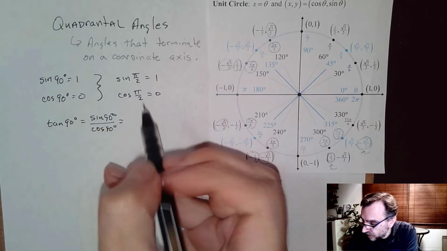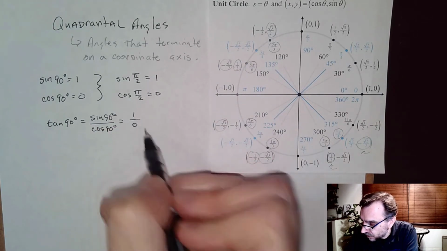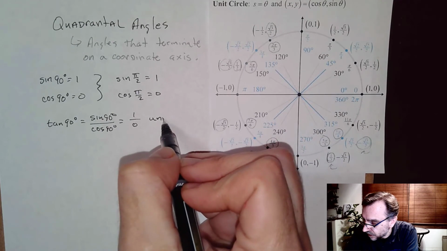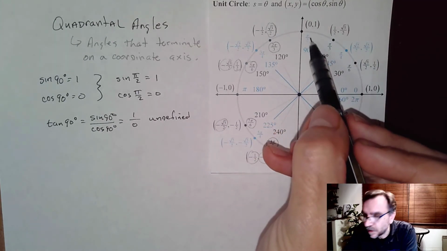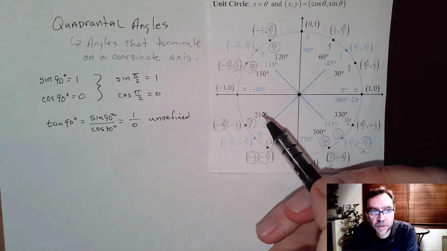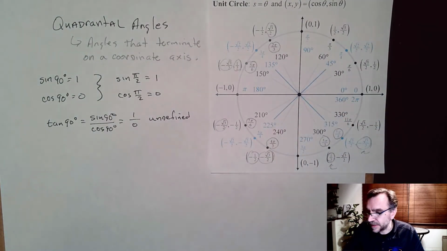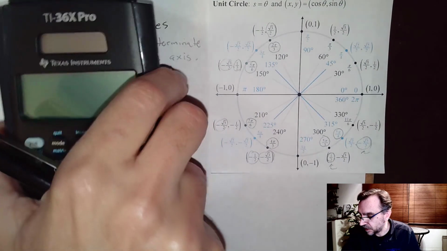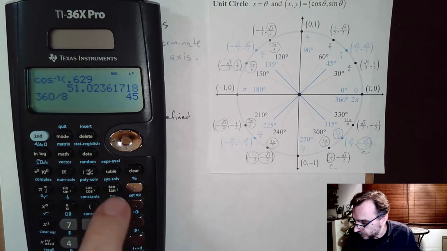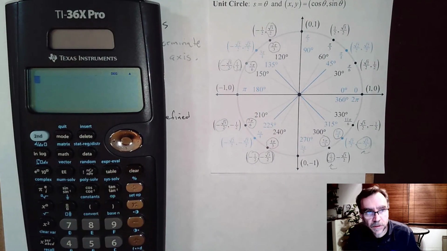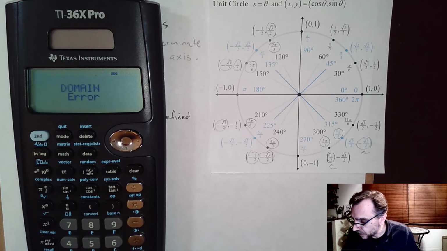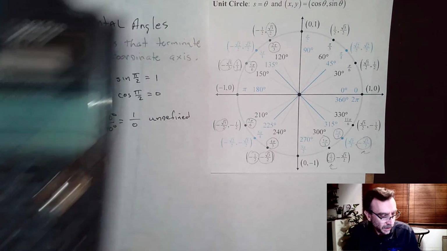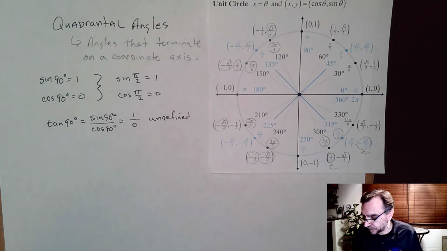And when I substitute that in, I'm going to have 1 over 0, which is undefined. Right? So the tangent there is 1 over 0, undefined. And that's true. You can do that on a calculator and see that you'll get an error. Let me clear that out and show you real quick. Tangent of 90 degrees is a domain error, right? Because we're dividing by 0.